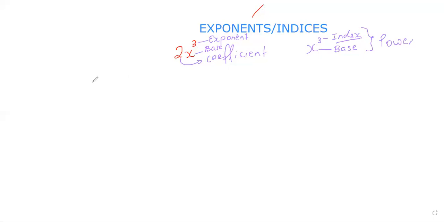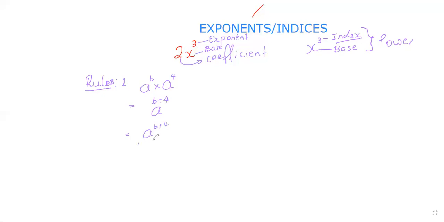Now, there are rules of indices. Rule 1: if I have a to the power b and a to the power 4, this is a to the power b plus 4.